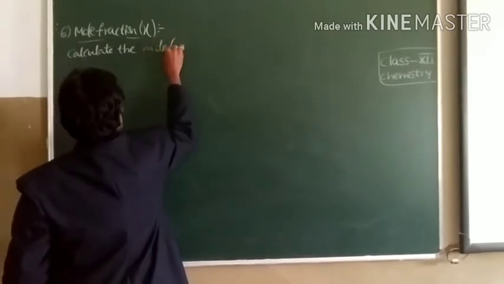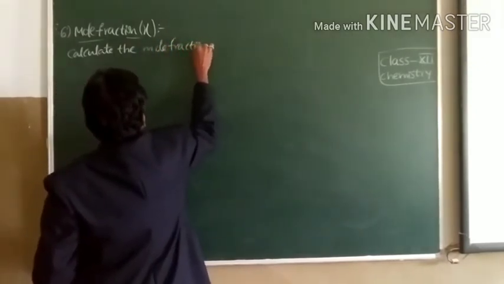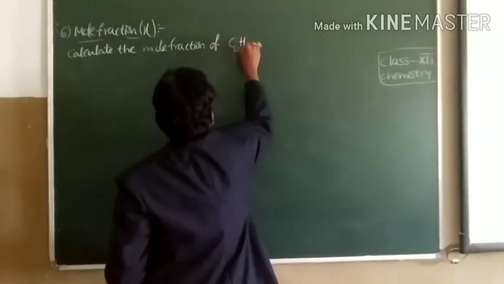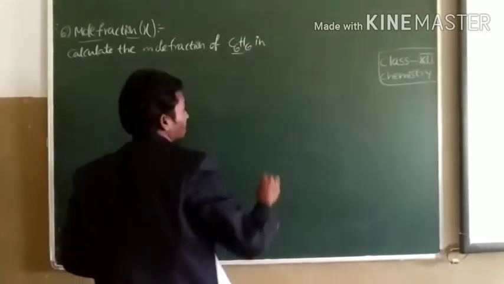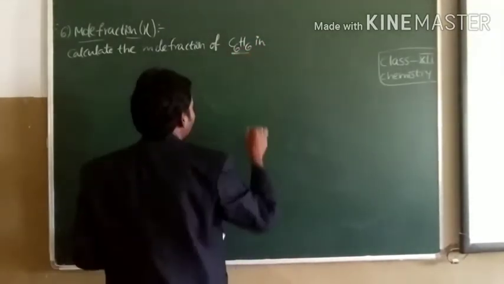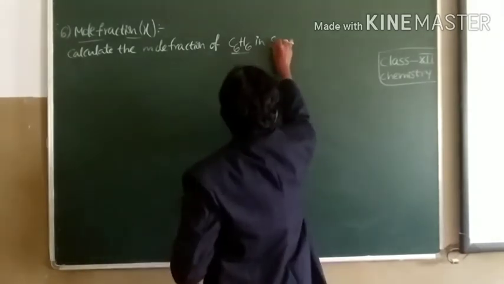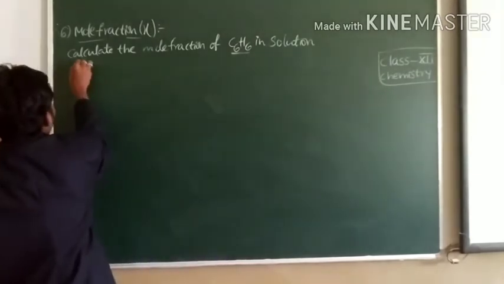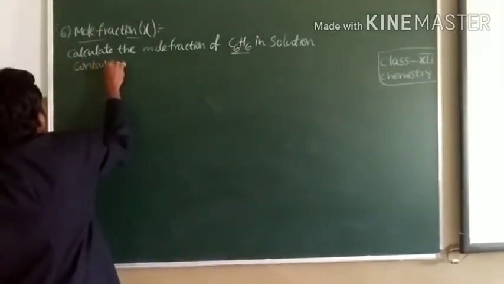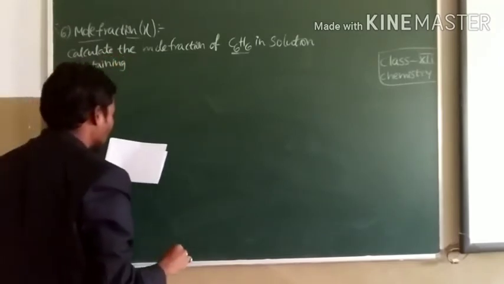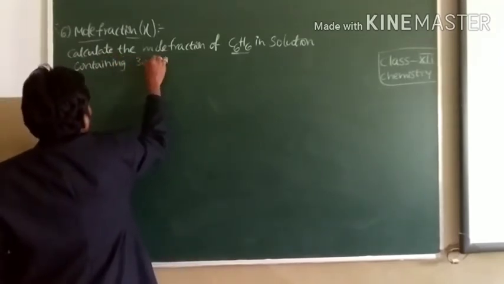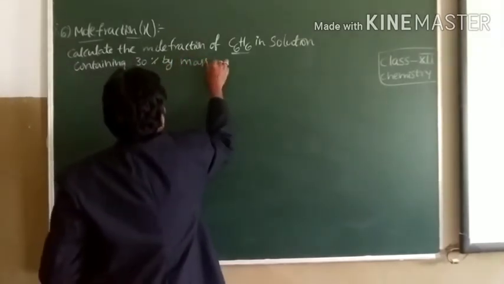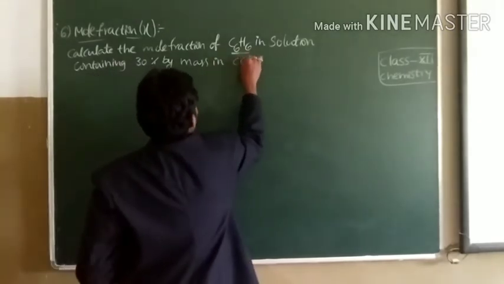Calculate the mole fraction of C6H6. C6H6 means benzene, children. Calculate the mole fraction of benzene in a solution containing 30% by mass in CCl4.